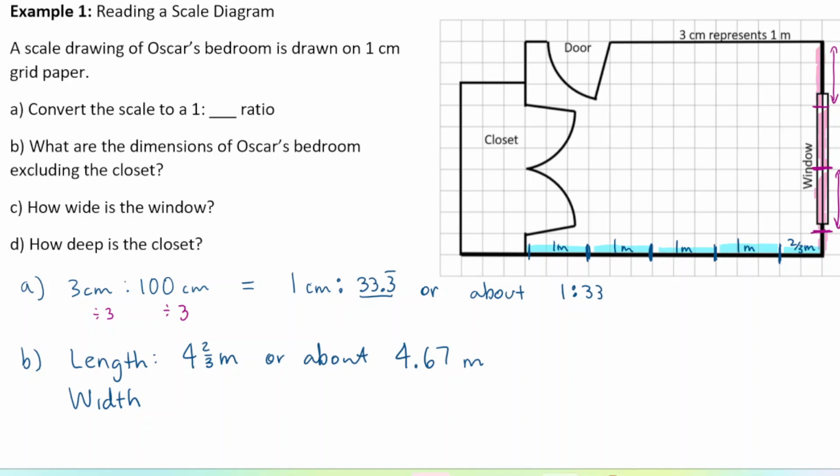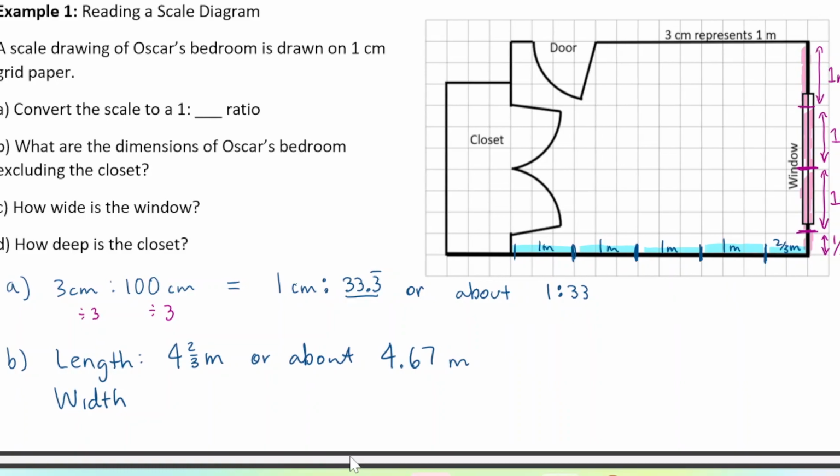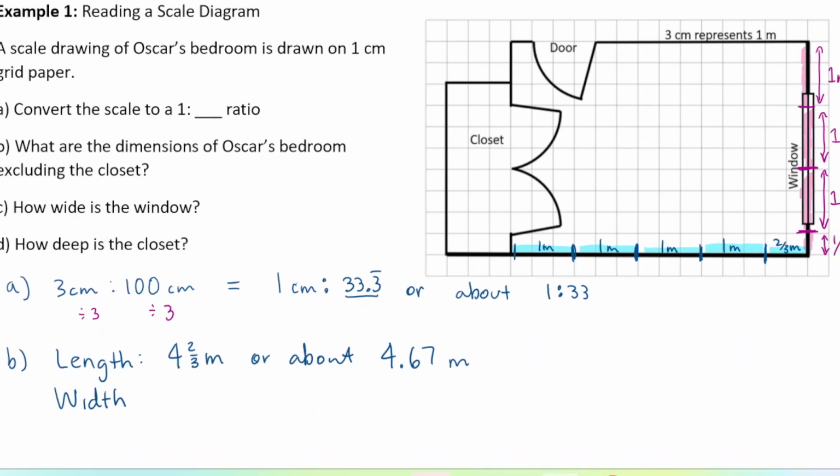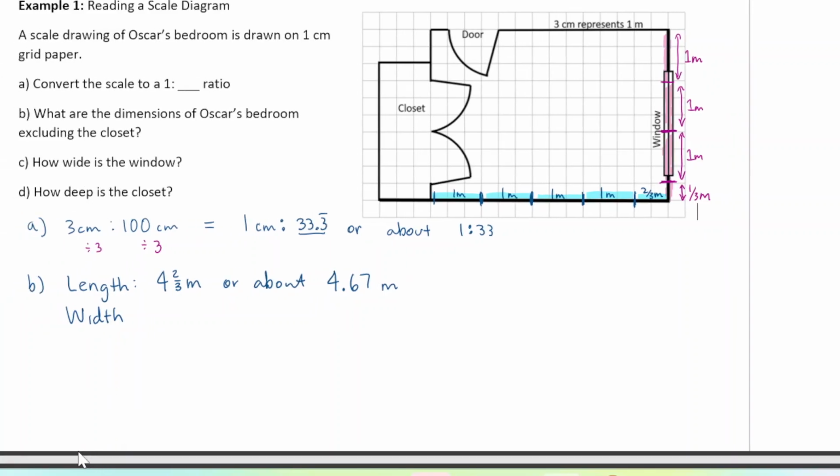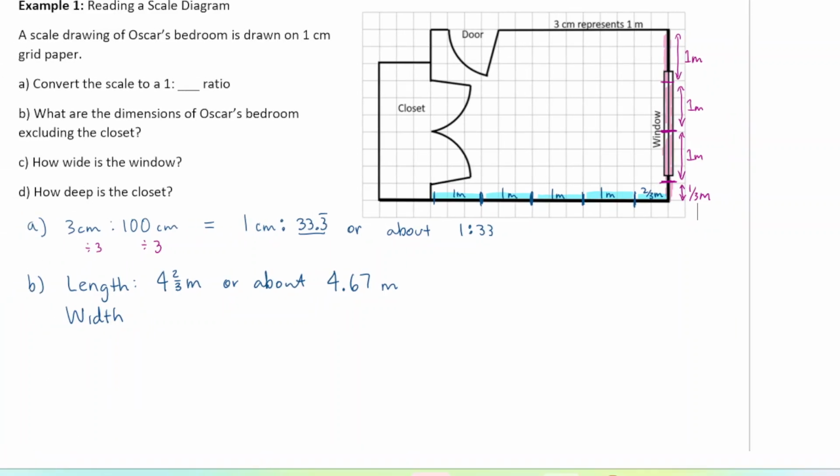So this is 1 meter, 1 meter, and then this is 1/3 of a meter. Oh, sorry, you can't see that. I'm going to move this over just a little bit. Actually, I'm going to zoom out. There we go. Okay, great. So our width is 3 1/3 meters, or if you want to write it as a decimal, about 3.3 meters.